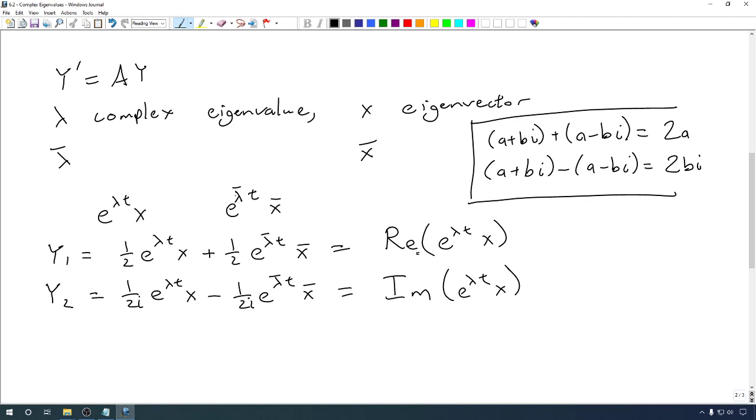And so most of the time, we're going to find a complex eigenvalue. Note that its conjugate is also an eigenvalue. And then we find an eigenvector corresponding to the first one. We don't have to find a new vector for the conjugate.